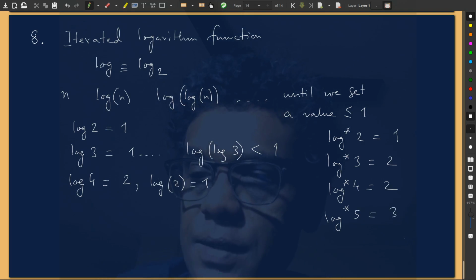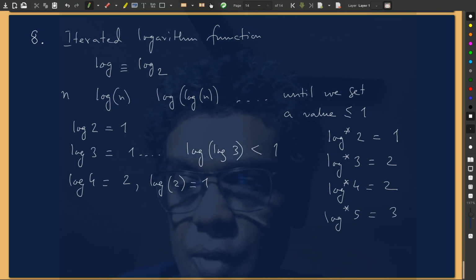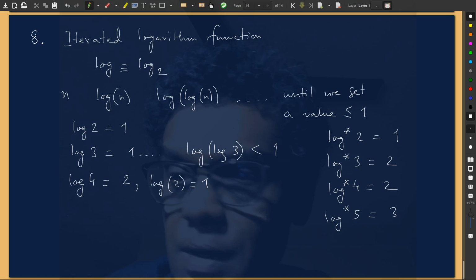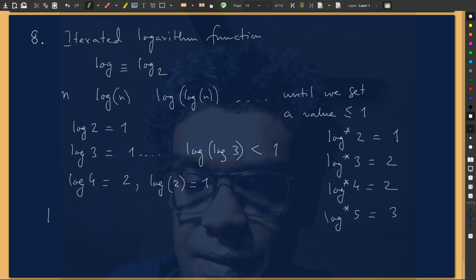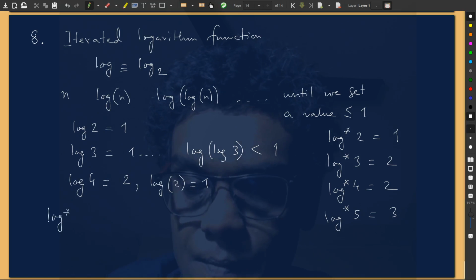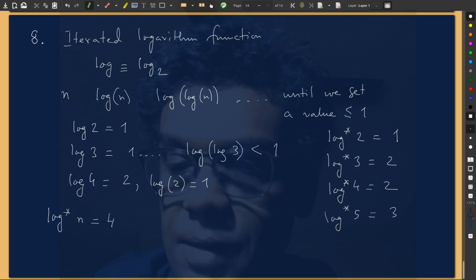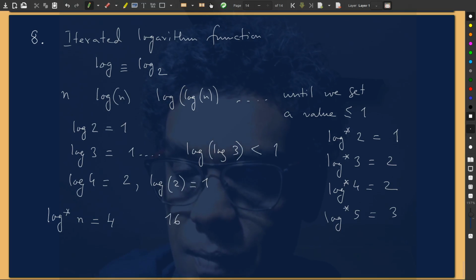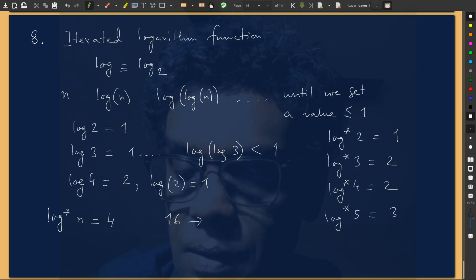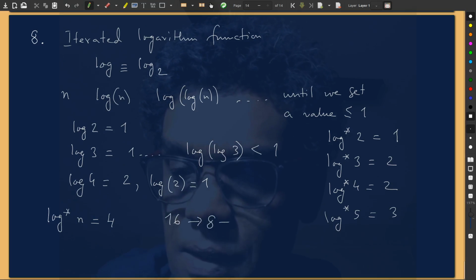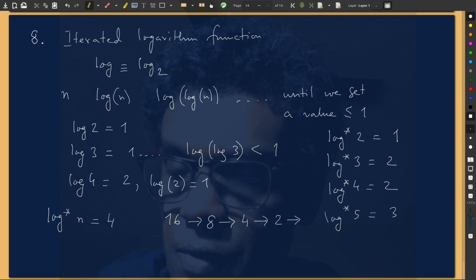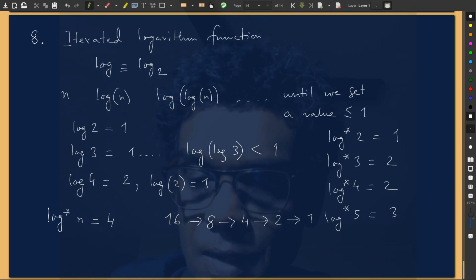So initially it's a slowly increasing sequence, but if I ask you to find the smallest n such that log star n is 4, you will see that this is nothing but 16. One logarithm will give you 8, next one 4, next one 2, next one 1.